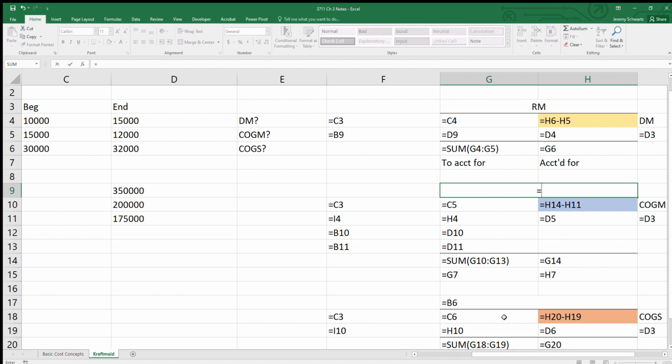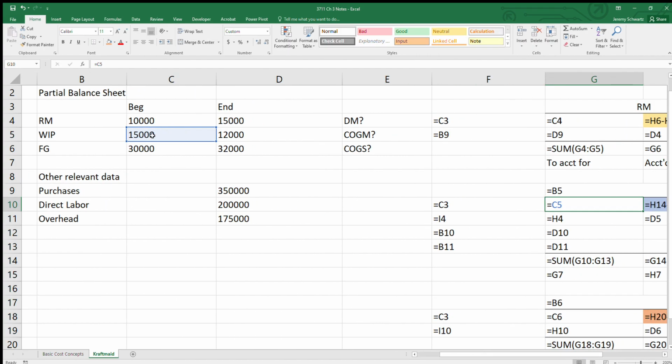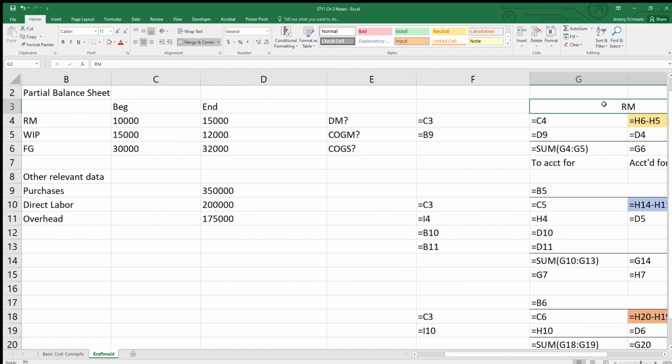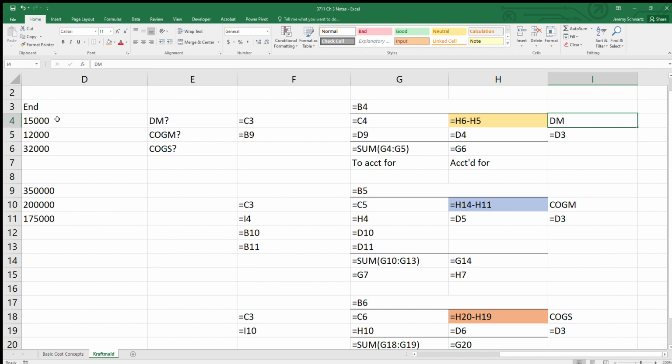I probably should have done the same thing here for work in process. My demerit there for that, and for raw materials, so that basically from the source data, we have used everything in terms of these calculations.